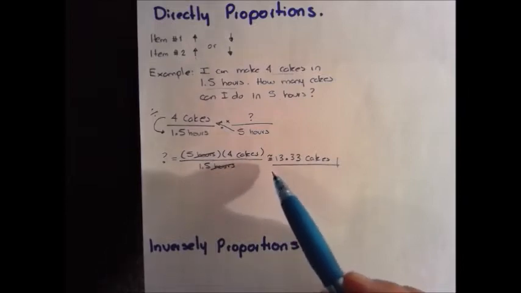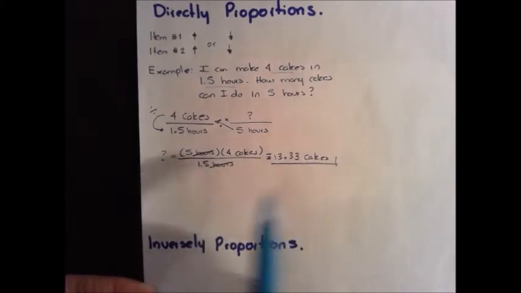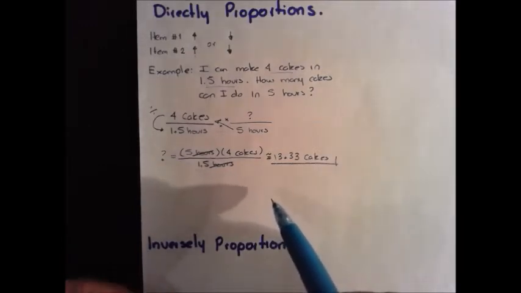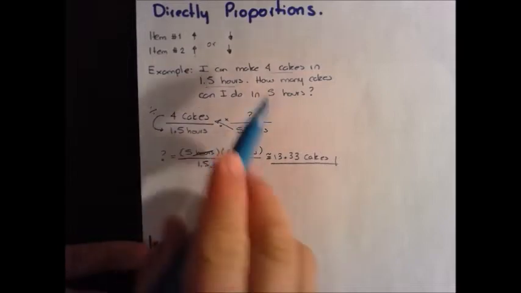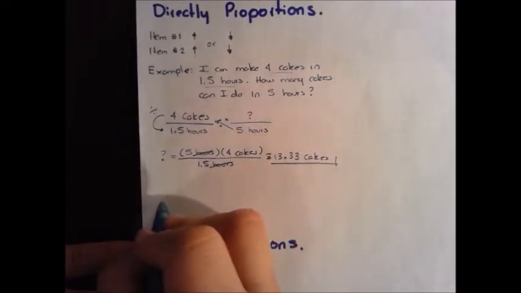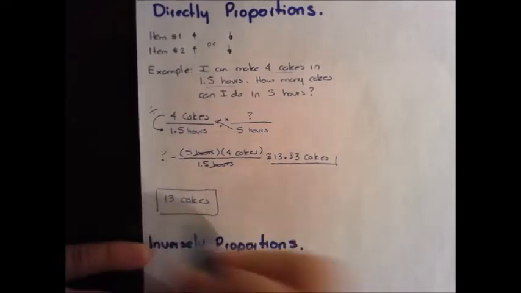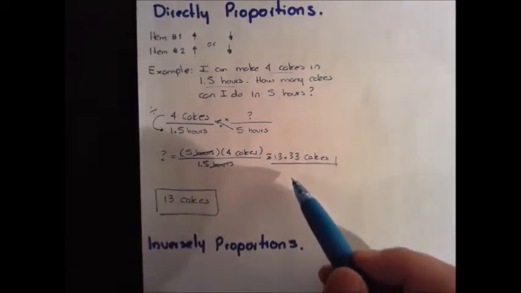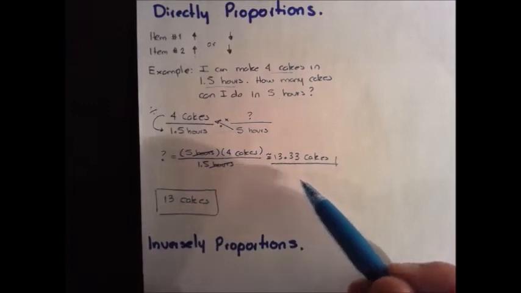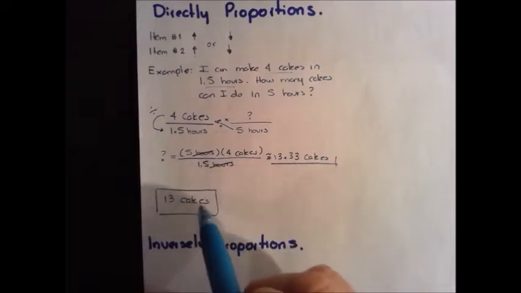You are going to say that you can produce in 5 hours 13.33 cakes approximately, or you are going to say 13 cakes. Well, in that case, you can offer your customer 13 cakes. So depending on the problem, the answer is going to be 13 cakes. Obviously you can do a little more than one cake, but this is not useful in real life. Mathematically you can do it, but in real life the number of cakes is one by one.